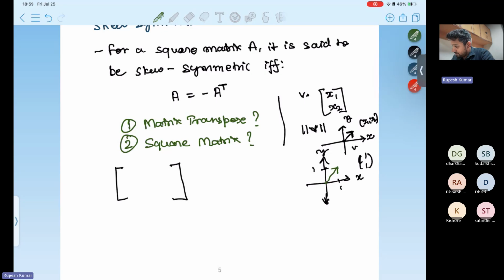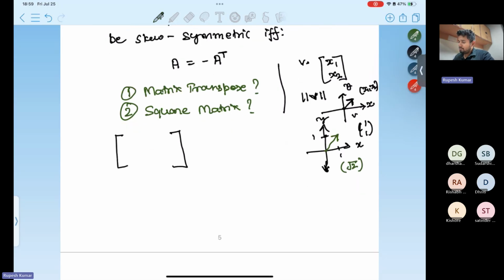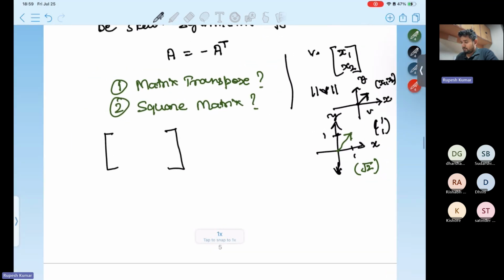The direction will be the direction of this arrow, and the magnitude will be square root of 2. Fine. So these are two quantities associated with vectors, and matrices can be considered as a set of these vectors. Not necessarily a set, since a set needs to have unique elements. It is a combination of these vectors, right?